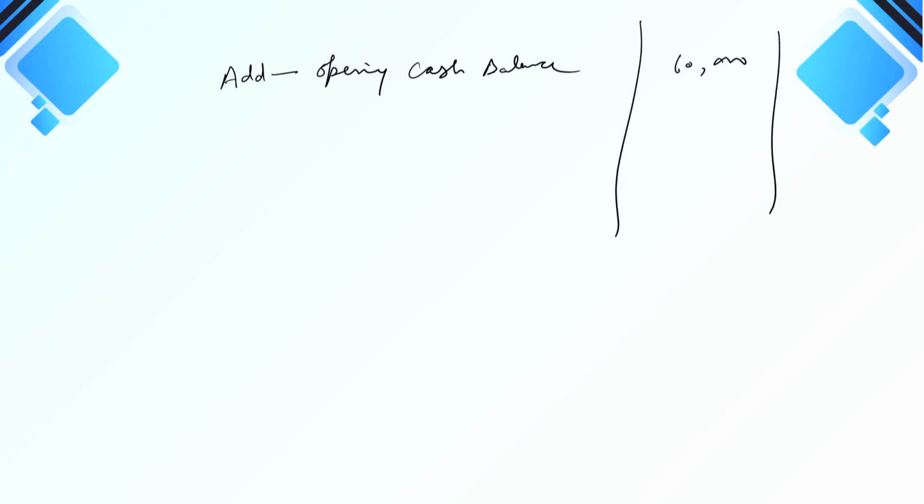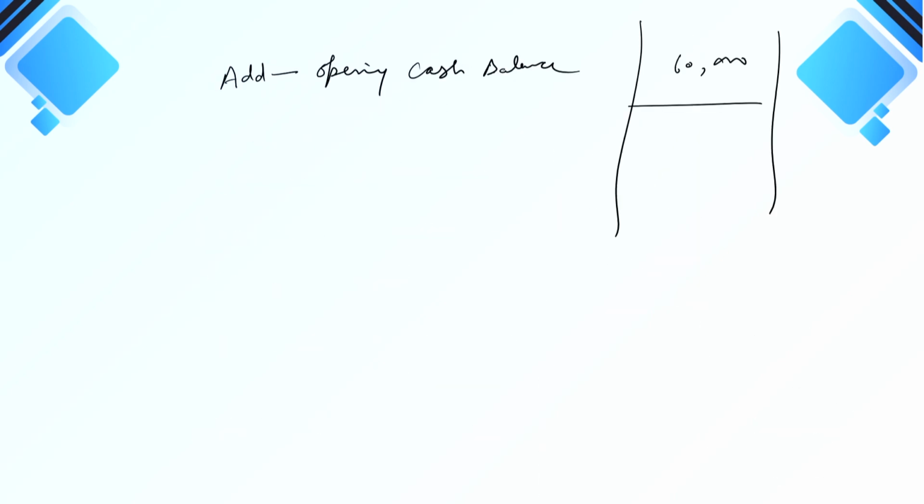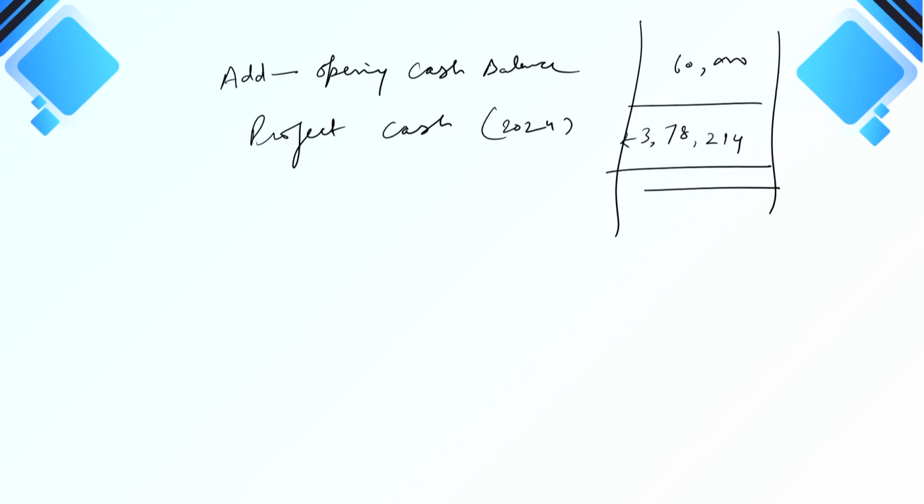And after that, we will add to it the opening cash balance of rupees 60,000 to the 3,18,214. We reach the projected cash for the year 2024, which happens to be 3,78,214 rupees. That's all from my side.